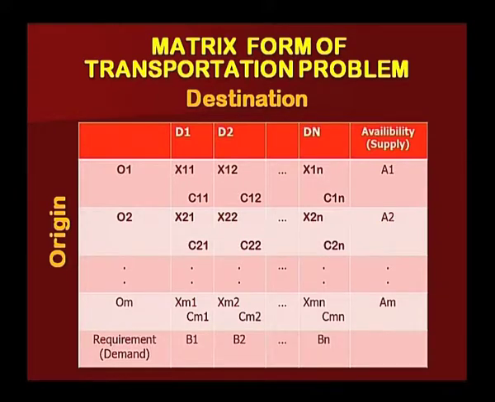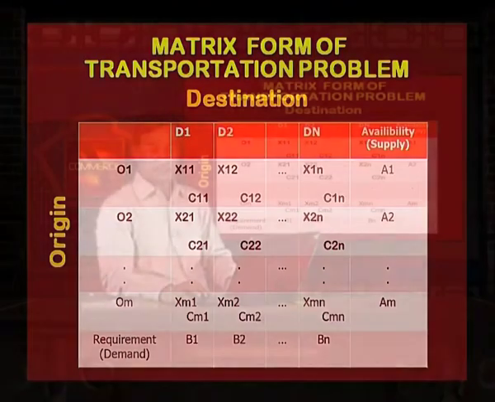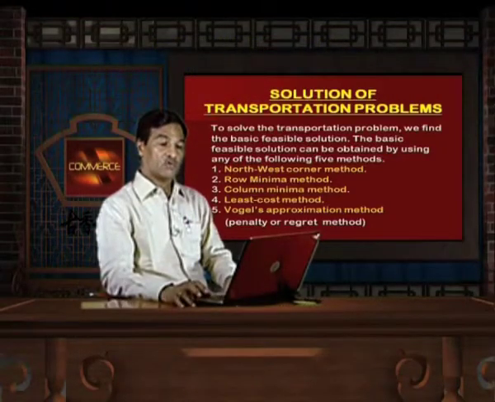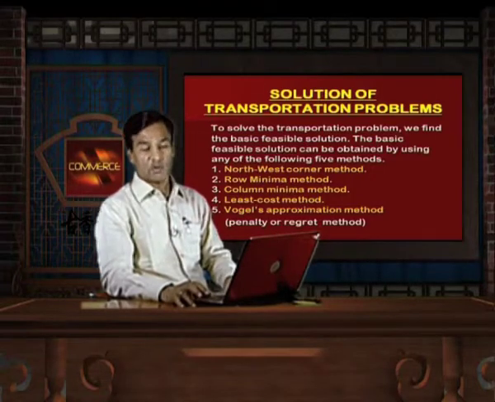The last row represents the requirement, or we can say demand, at these destinations, represented as B1, B2 and so on up to Bn. In the last column the availability, that is the supply from the origins O1, O2 and so on, is represented by A1, A2 and Am.